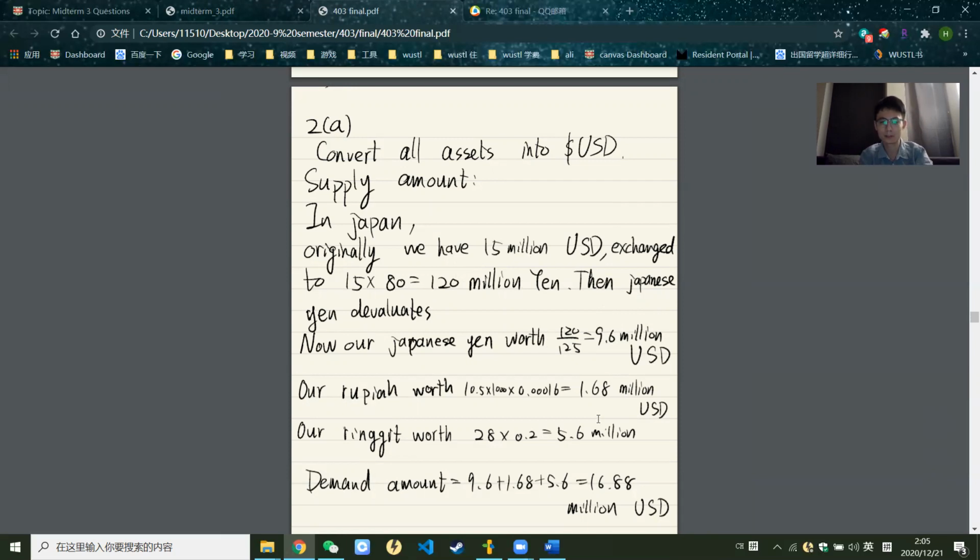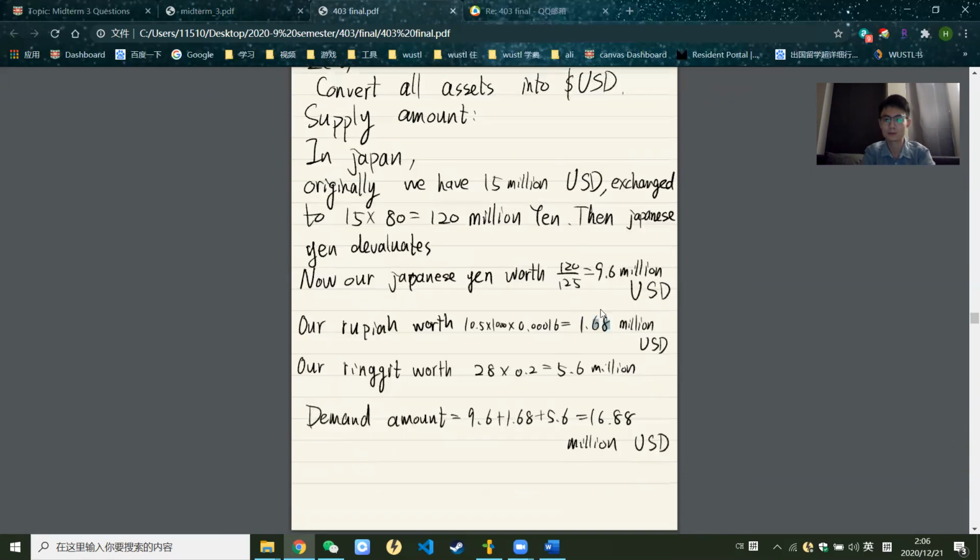And for the Indonesian rupiah, we have 10.5 billion, so multiply it by 1,000. This is the million value, and then we apply the exchange rate, and we have 1.68 million US dollars.